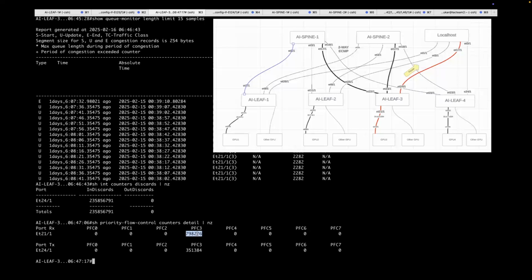That's where we were receiving some pause frames for traffic class 3, and that's again something which was due to the change of traffic from a high speed to a low speed. But if you look at the ET24/1, which was the uplink towards the new spine or the local host, we were sending out pause frames towards the local host device for traffic class 3 as well, to manage the congestion which was being observed in traffic class 3.